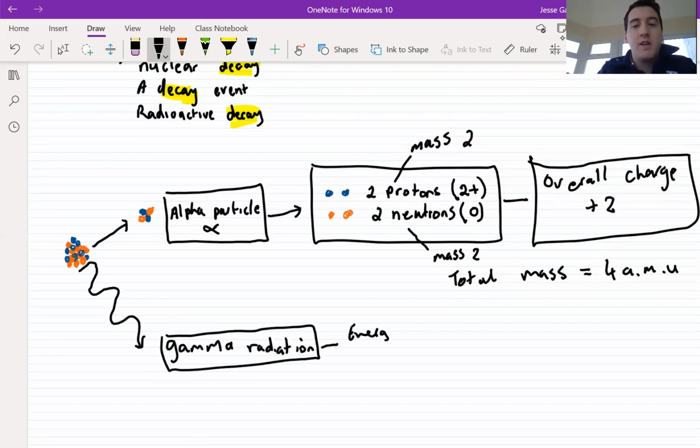So energy is transferred away from the nucleus. So this wave, this gamma ray or gamma wave, carries energy away from the nucleus.